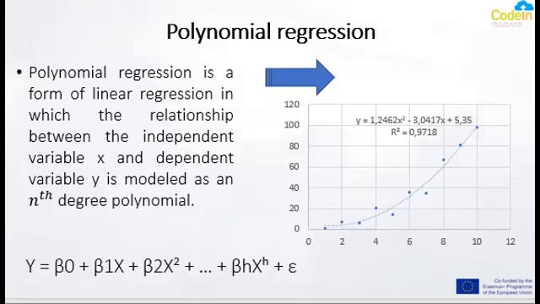In other words, while linear regression assumes that the relationship between the independent and dependent variables is linear, polynomial regression can model more complex relationships that are nonlinear. Polynomial regression is a powerful tool that can be used to model complex relationships between variables. It is widely used in machine learning and data science to make predictions and to gain insights into complex data sets.